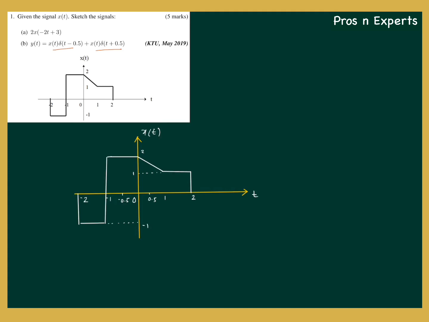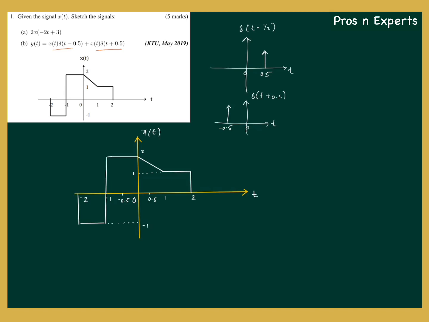To be precise, del of t minus 0.5 is the impulse signal del of t, which is delayed by 0.5 units to the right. Okay, this is del of t minus 0.5. And similarly, del of t plus 0.5 is the same del of t signal, which is shifted to minus 0.5 units to the left. Okay, right.